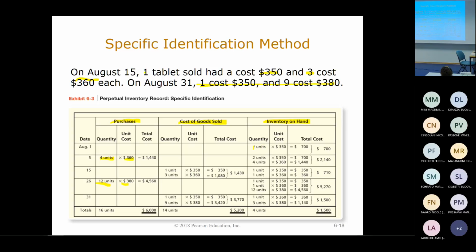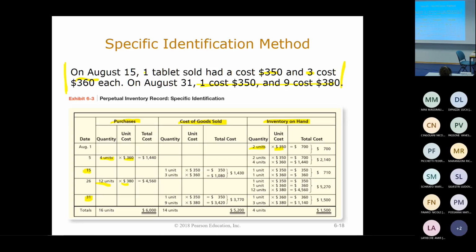But we also have a beginning inventory of 2 units at 350. Okay, so this is the situation we have here. And we have a sale on August the 15th and another on August the 31st. Now, since we assume we know this information, we can identify the specific cost of the inventory sold. Okay, so therefore, we can also determine what's left in the inventory, which is also important.